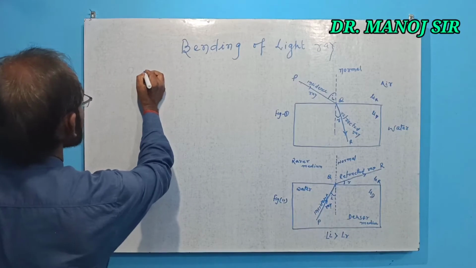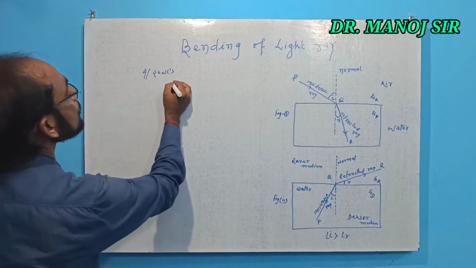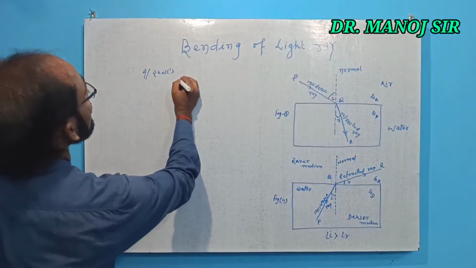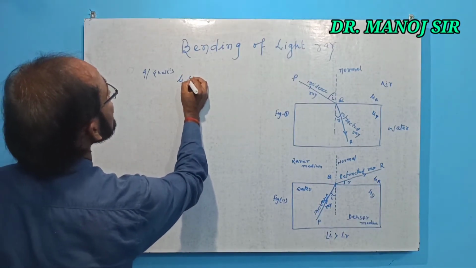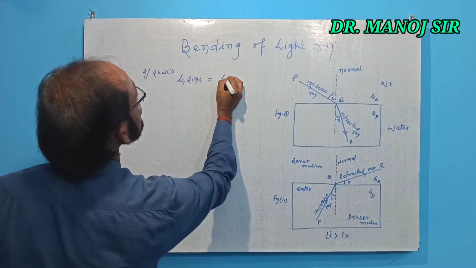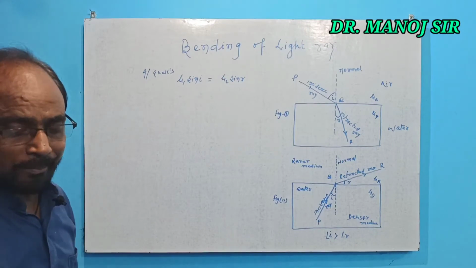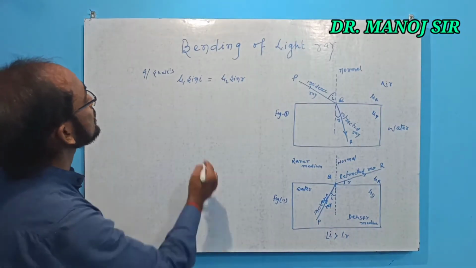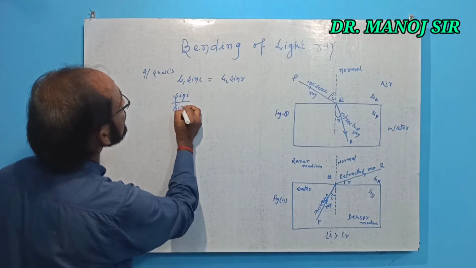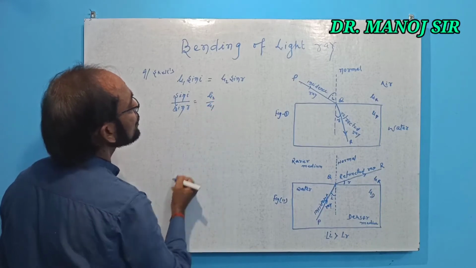Now, according to Snell's law, we can write the relation between bending of the light ray. mu1 sin I is always equal to mu2 sin R. On this basis, we come to here sin I upon sin R is mu2 upon mu1.